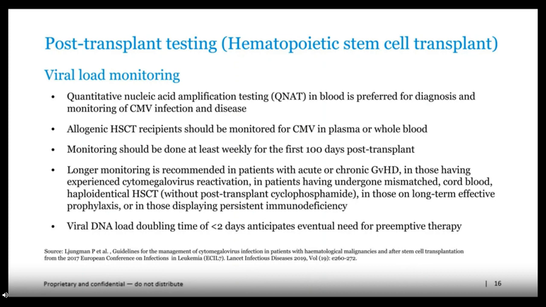With a viral load having the potential to double within 2 days or less, it promotes the frequent testing of these patients in anticipation of them eventually needing preemptive therapy.